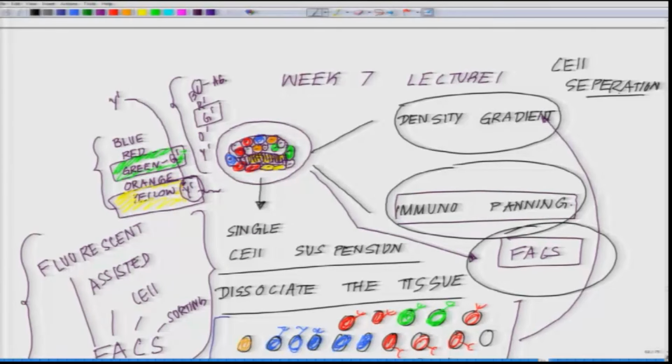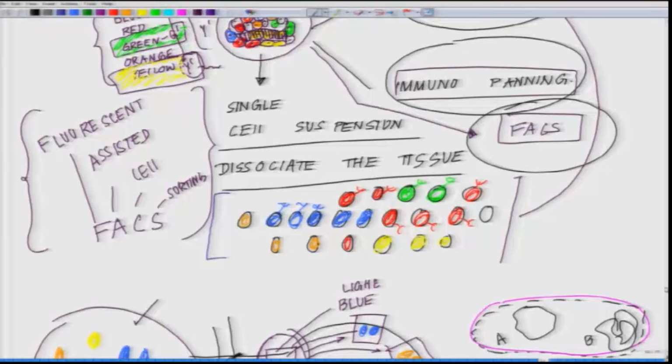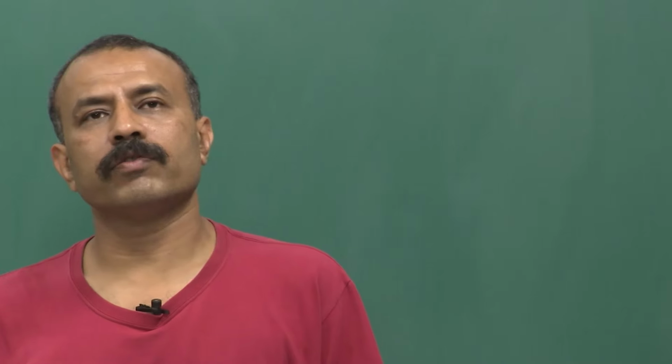If you go back and think over what we covered, you have different kinds of neurons, oligodendrocytes, microglia, astrocytes, and not only can you separate them using density gradient, you can separate them further by immunopanning. You will be surprised to know that if you really know at what point in time these specific cells express unique markers on their surface, fluorescent cell sorting can be a really formidable technique by virtue of which you can isolate them.